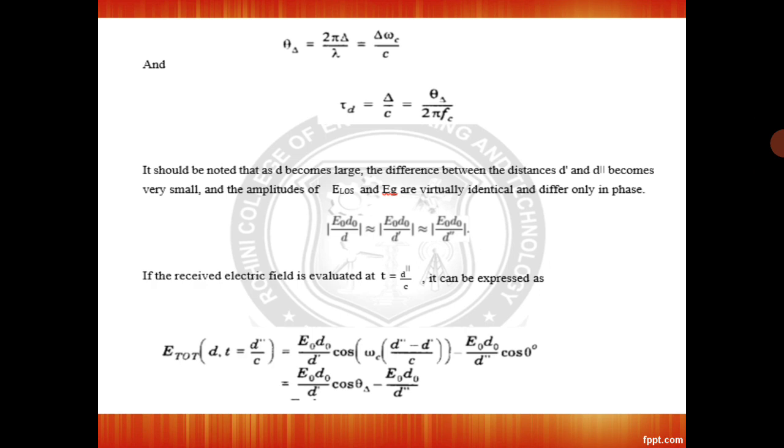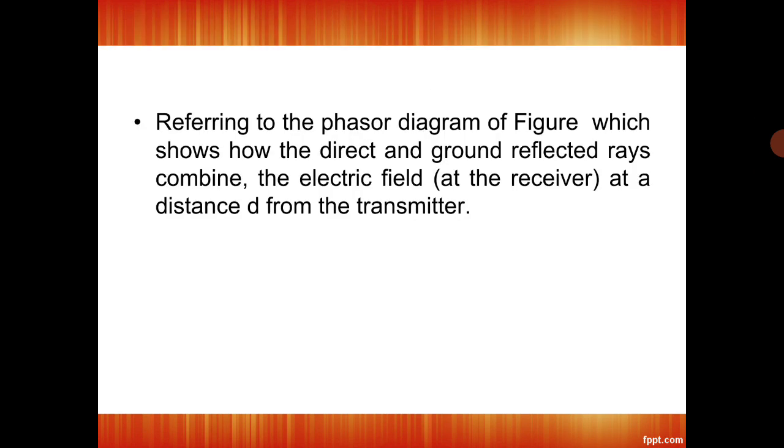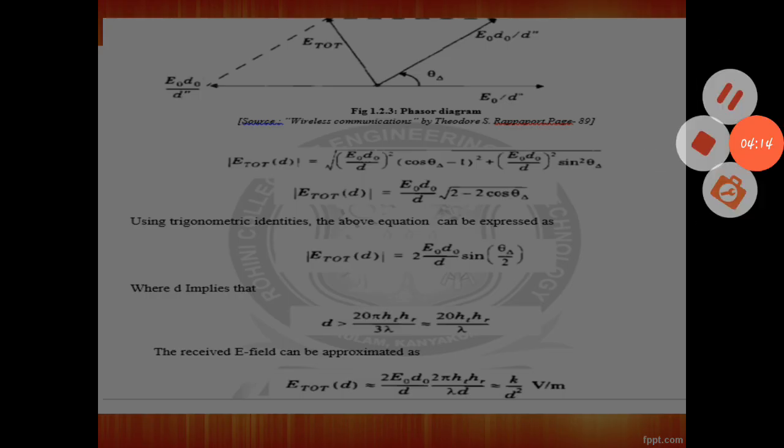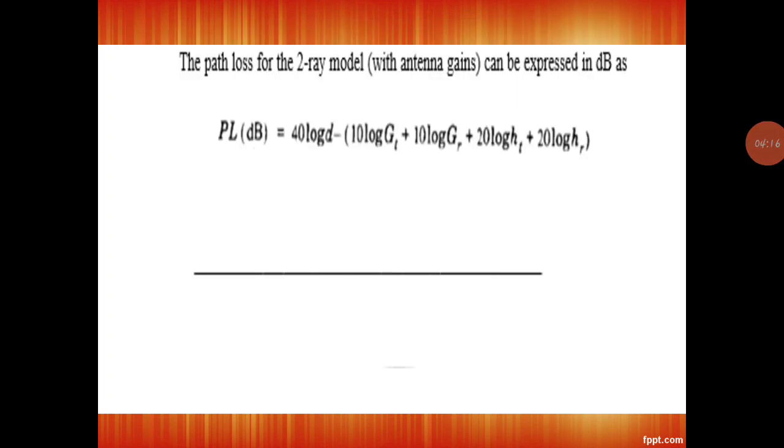It should be noted that as the distance becomes large, the difference between the distances d and d double dash becomes very small, and the amplitudes of E LOS and E g are virtually identical. Referring to the phasor diagram of the figure, which shows how the direct and ground reflected rays combine, we get the electric field at the receiver at a distance d from the transmitter. We can find this in the two-ray model, and the error is also calculated.